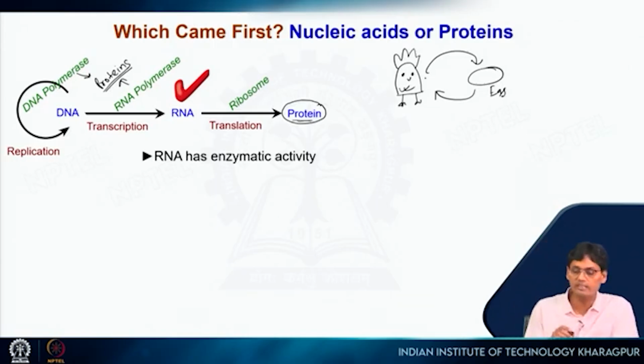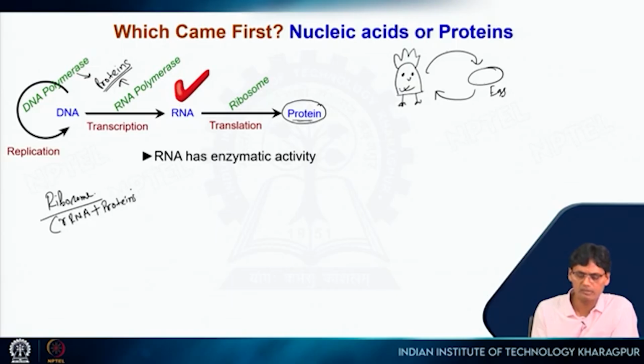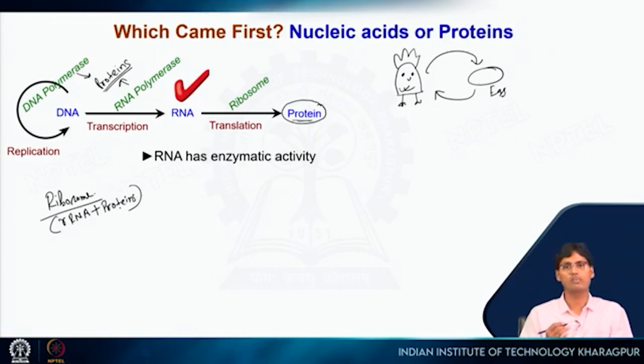Similarly, if you see the ribosome, which is the major machine for protein synthesis, ribosome is made up of rRNA, ribosomal RNA, plus so many proteins. Many scientists worked for a long time on the structural and functional relation of ribosome, how it catalyzes the reaction.